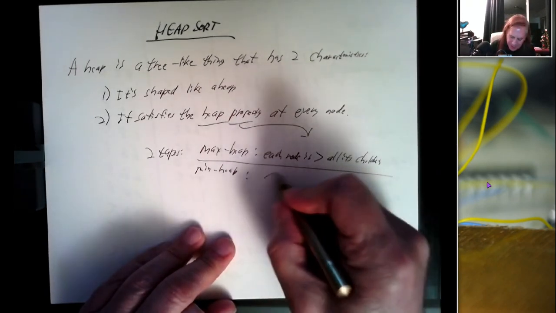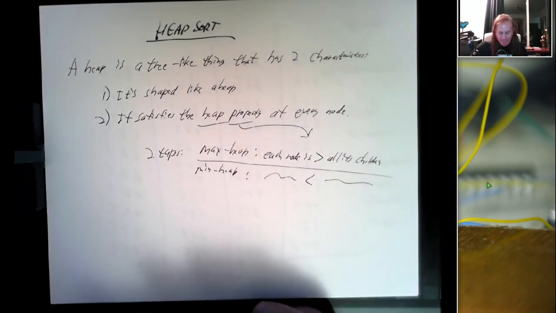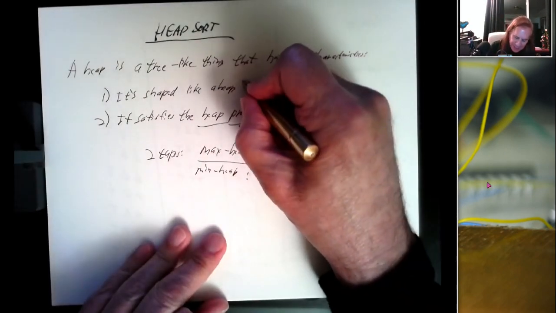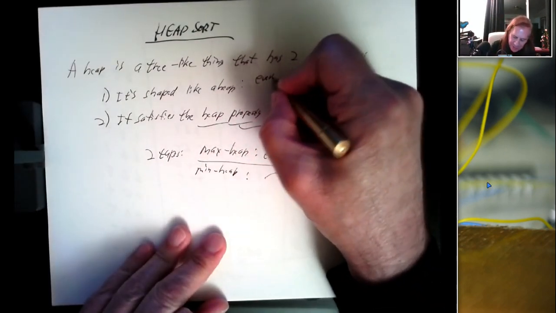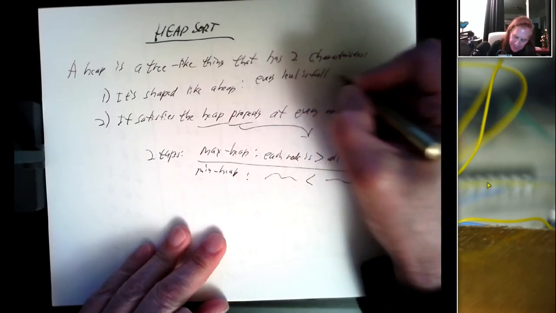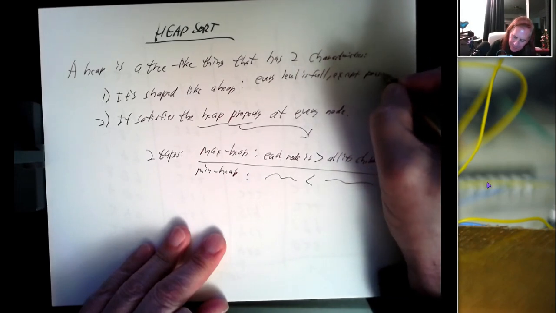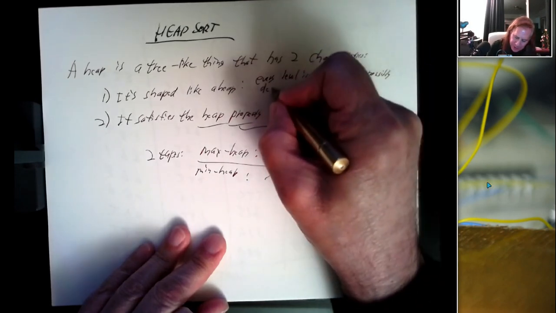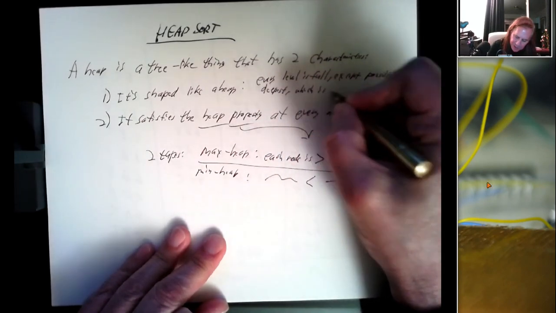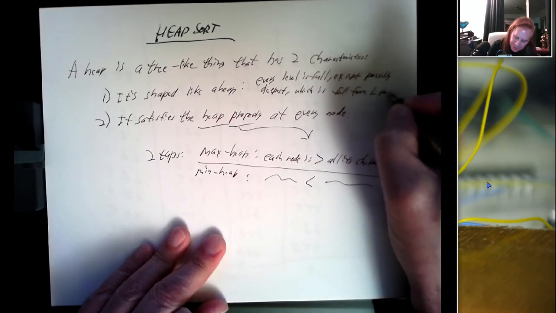A min heap says each node is smaller than all of its children. And being shaped like a heap means every level is full, except possibly the deepest, which is full from left to right.